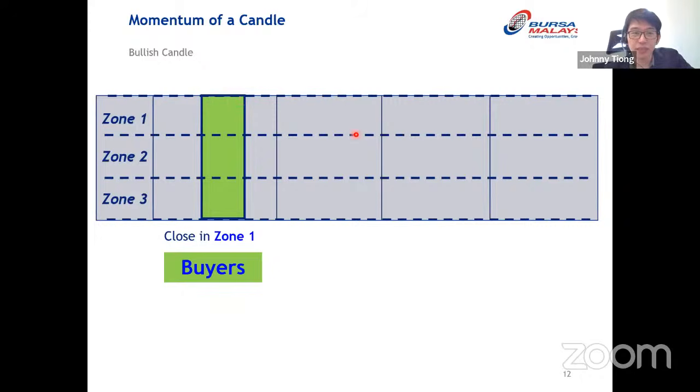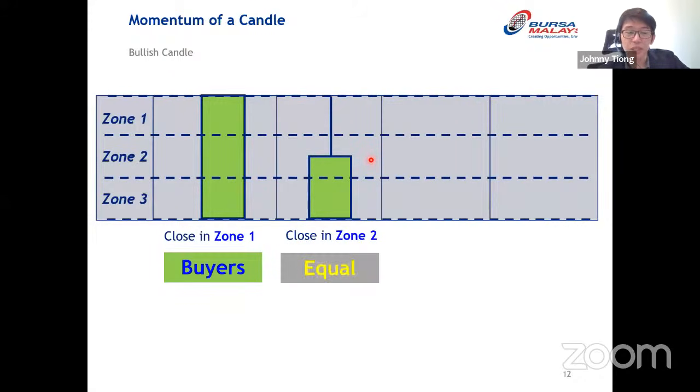For the second example, this is also a bullish candle. So the opening zone, which zone did it close in? Is it zone 1, zone 2 or zone 3? Remember, if it's a bullish candle, the closing is above the opening. As long as it's green, the closing is above. In this context, it closes in zone 2. Just now we mentioned, what does zone 2 mean?